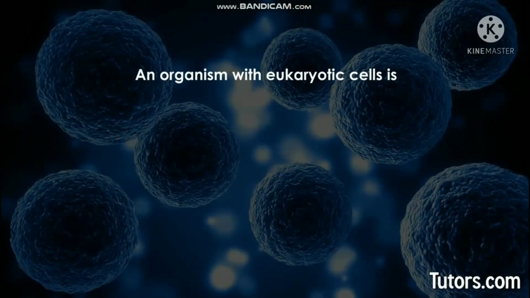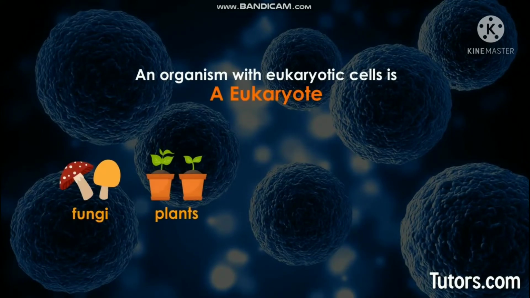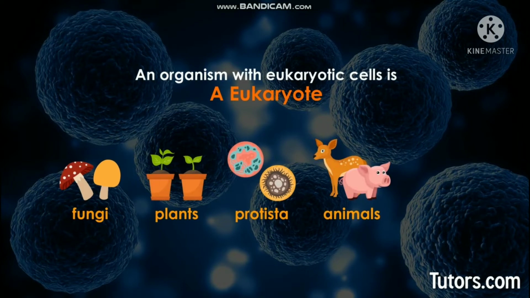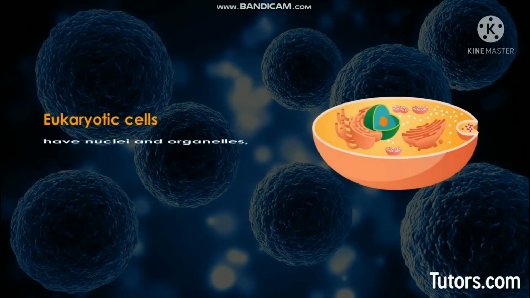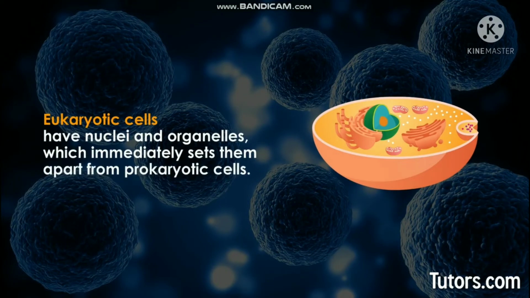An organism with eukaryotic cells is a eukaryote. Fungi, plants, protista, and all animals, including humans, are eukaryotes. We are all built with eukaryotic cells. Eukaryotic cells have nuclei and organelles, which immediately sets them apart from prokaryotic cells.